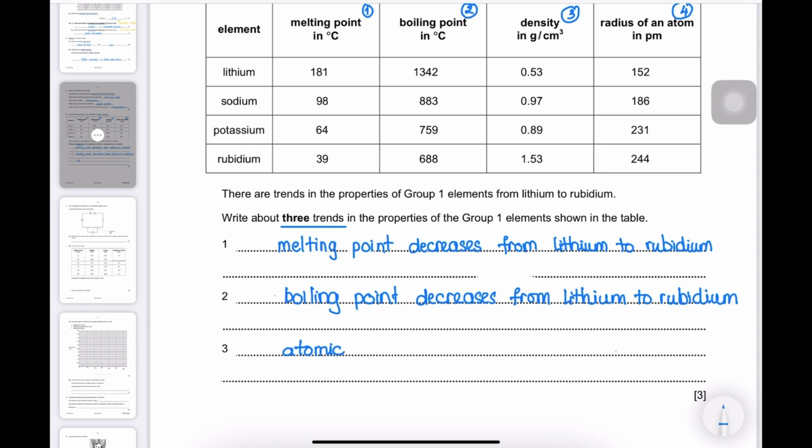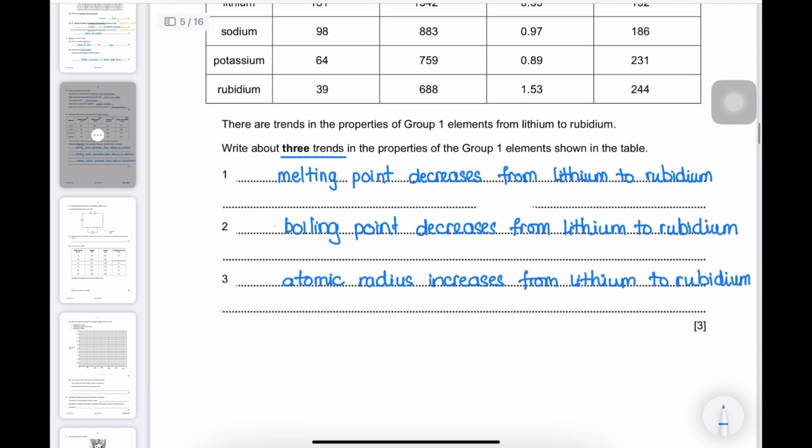Atomic radius increases. The atoms get larger as we go down the group because they gain more electron shells. And the final one: the density does not show a trend.